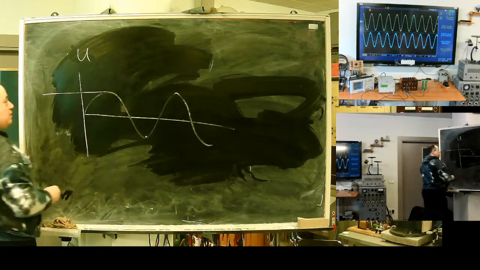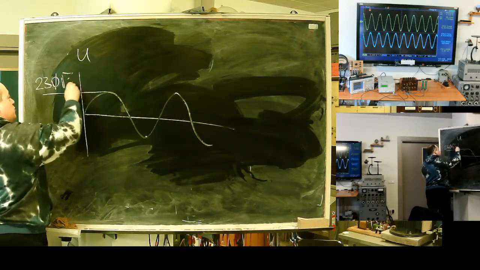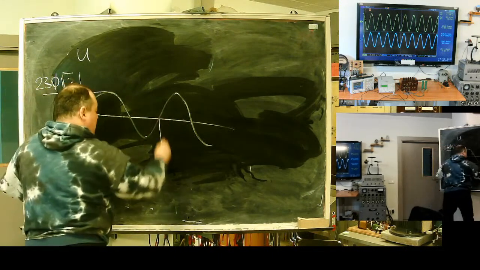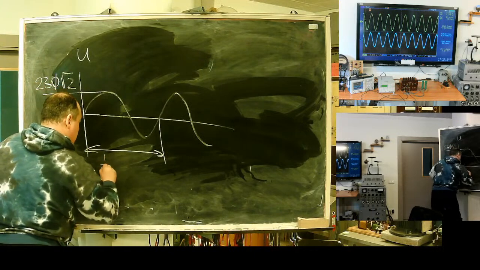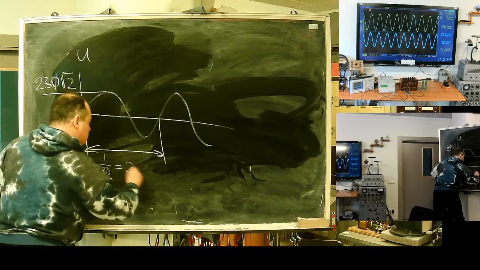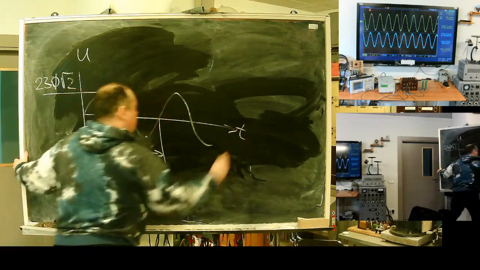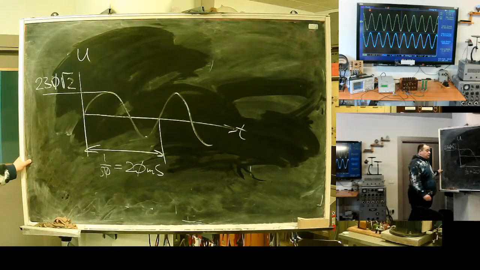Amplitude 230 times square root of 2. Yes? And period for 50 Hertz, 1 divided by 50 Hertz equals 20 milliseconds. This is time. Something like this? Why is it square root of 2?